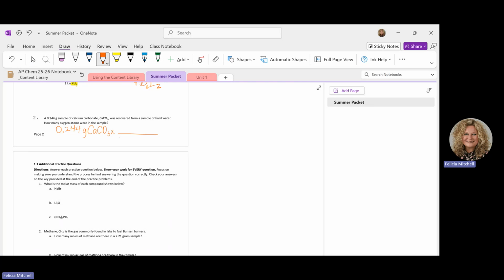Now, you do not have a way of doing a direct dimensional analysis that involves grams and atoms. If you remember, we had a mole wheel that I showed you in my class, and it basically was trying to show you how you move around the wheel. You can go directly from grams to moles, and directly from moles to grams.